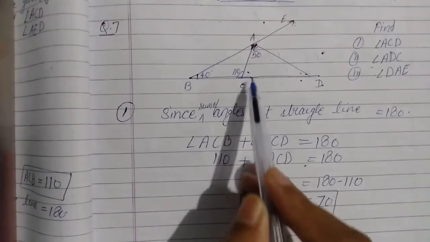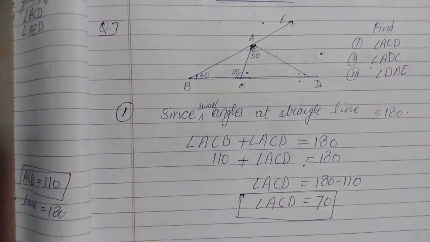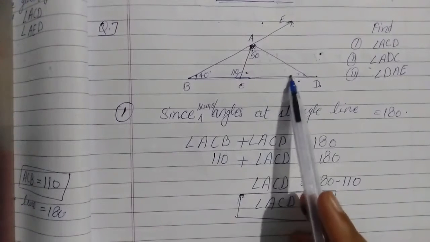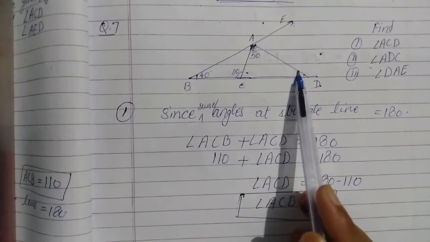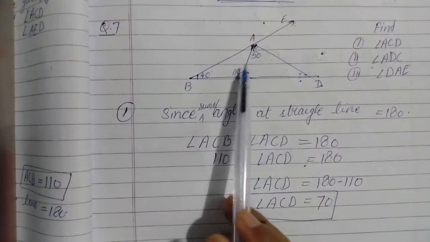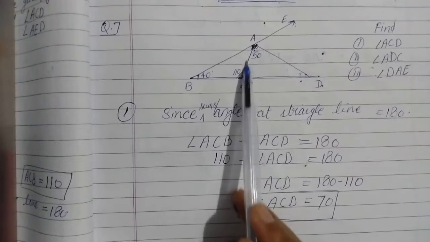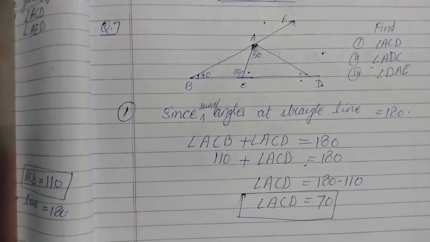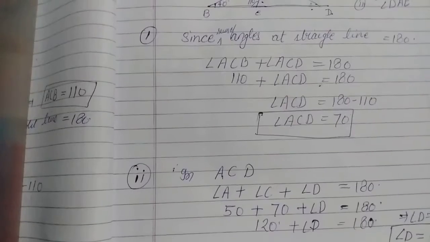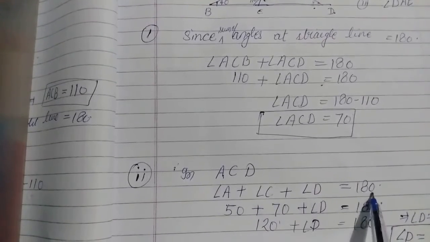That means we have found this 70 degrees. Now we have to find this angle D. So we will apply a property. This is 50, this is 70. So we can find this D by subtracting the sum of these two angles from 180. Now see, angle A plus angle C plus angle D is equal to 180.